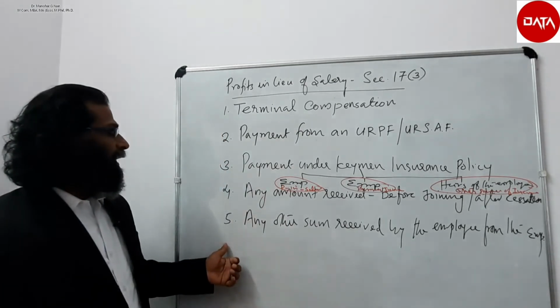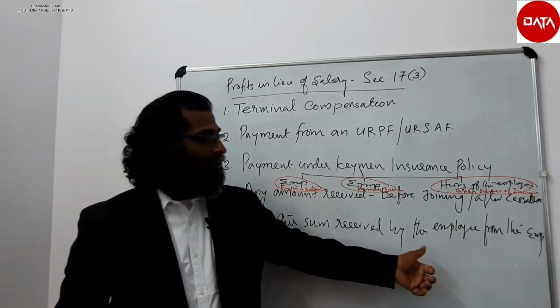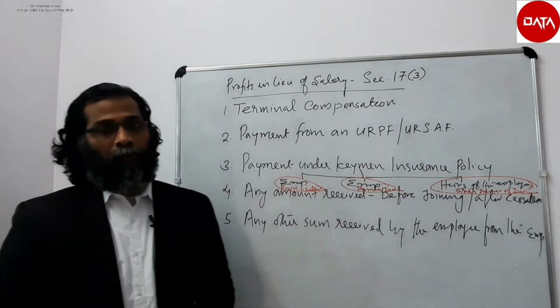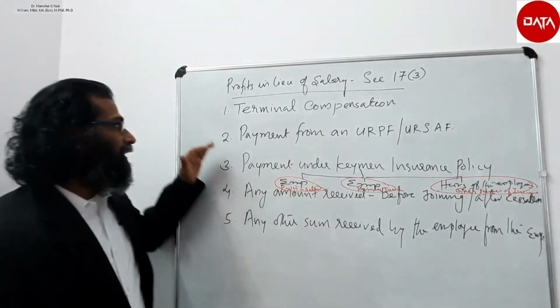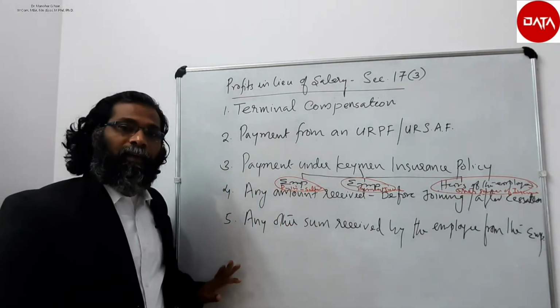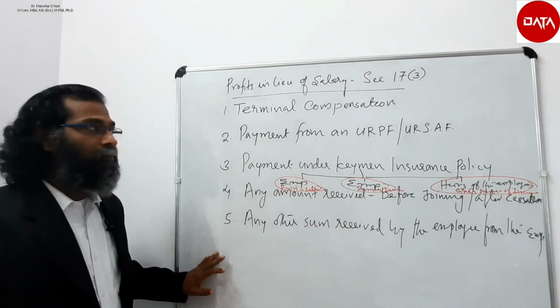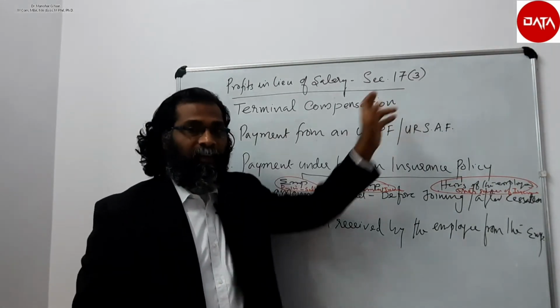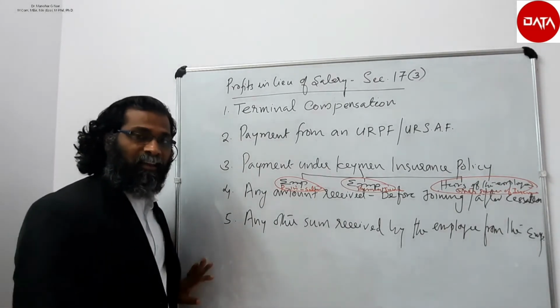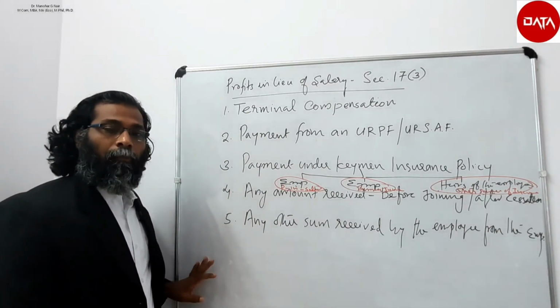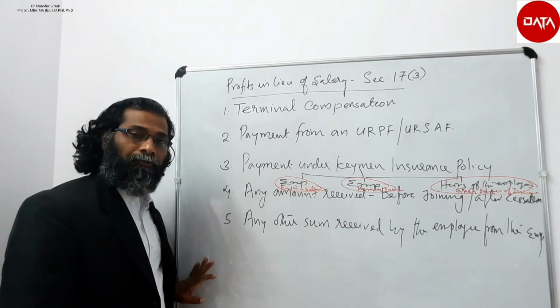Then finally, it could be any other sum received by the employee from the employer in the form of gifts, etc. So all these would be taken into consideration for the calculation of salary income as per section 17(3). These are not salary but treated as salary. That is why it is said to be profit in lieu of salary.